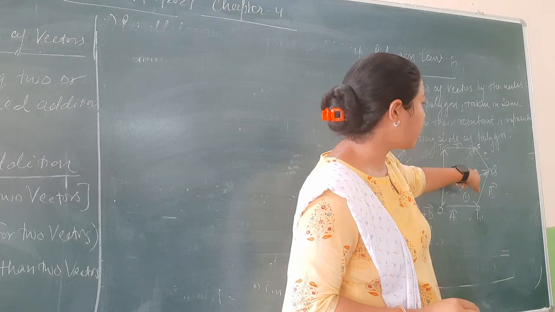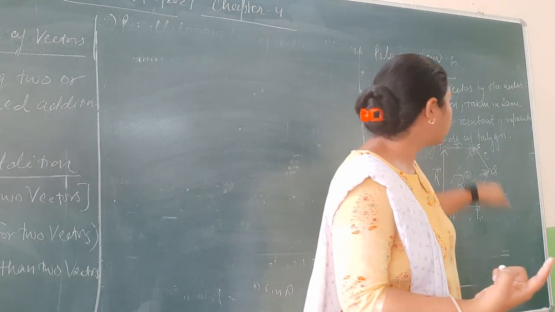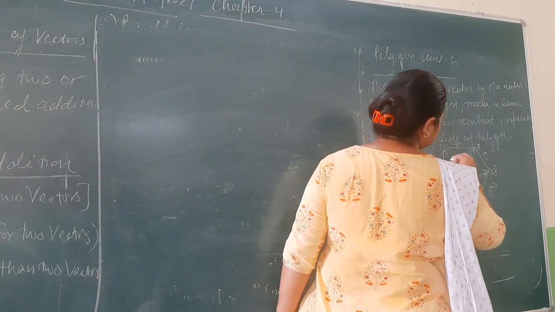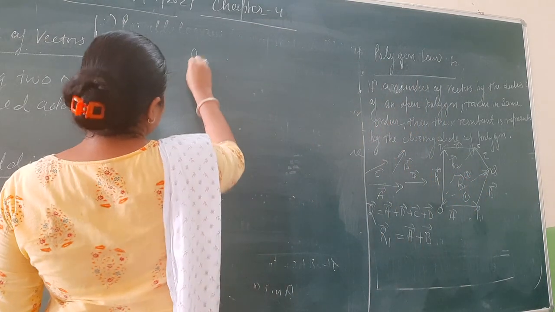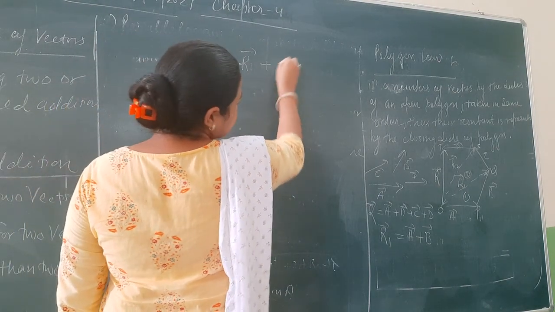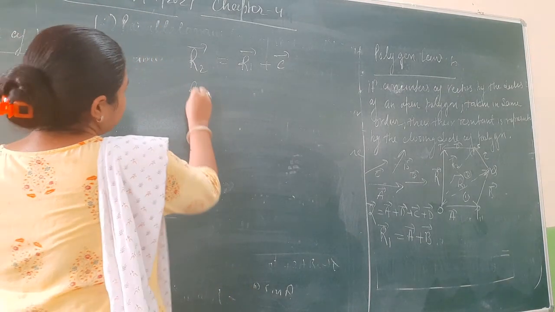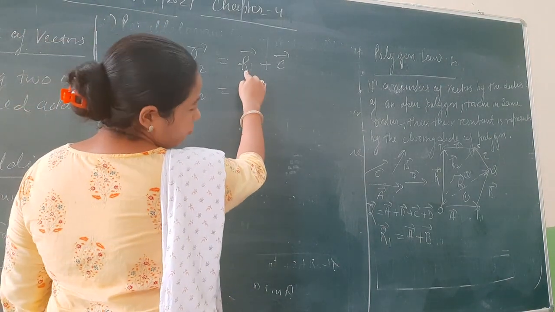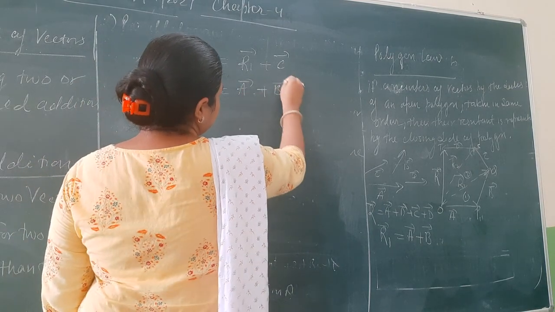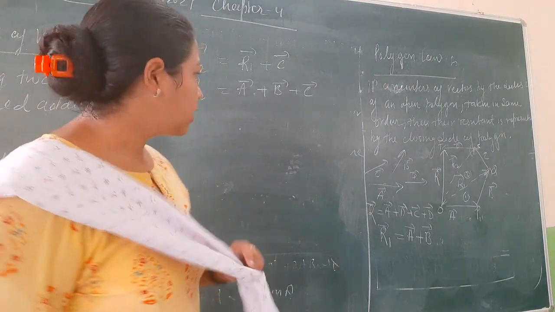Now in the second triangle, we again apply the triangular law of vector addition. By the triangular law of vector addition, this line will be taken as vector R2. So vector R2 will be equal to R1 plus vector C, right?